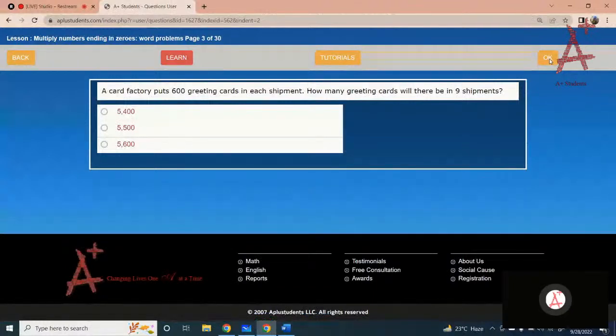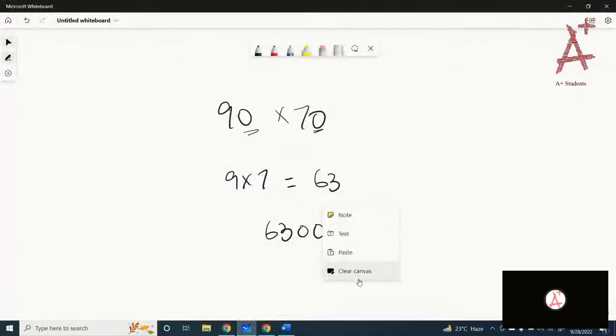Okay, the next one is a card factory puts 600 greeting cards in each shipment. How many greeting cards will be in 9 shipments? So the total shipments are 9. Each shipment has 600 cards. So you have to see how many cards in all. So just do 600 times 9. Got it?